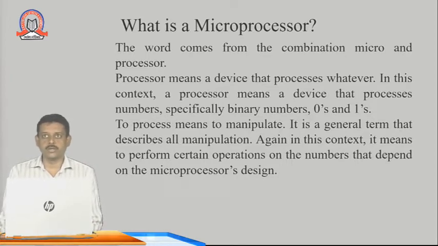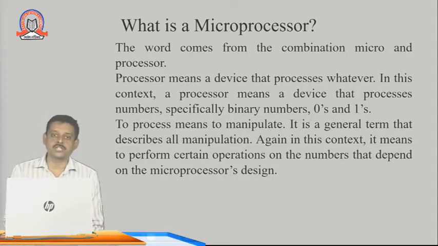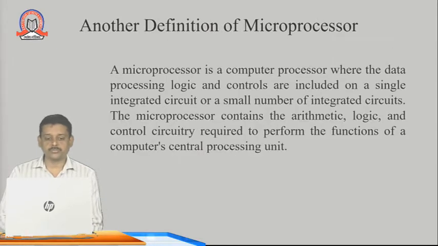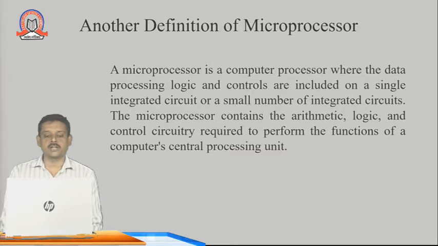For example, if we add the numbers 1 and 2 with the help of a calculator, it gives us the result 3 on its display. So we are performing an action on the numbers. Another definition: a microprocessor is a computer processor in which the data processing, logic and controls are included on a single integrated circuit, or a small number of integrated circuits.